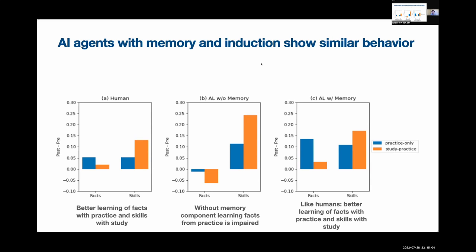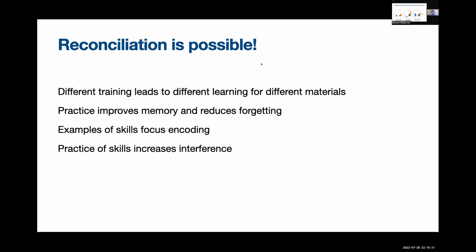It also allows for further theoretical development. One thing we see in the AI agent is that erroneous responses are likely to be consistently tried when learning skills using practice, and that correct responses are likely to be forgotten and not tried when learning facts using study training.